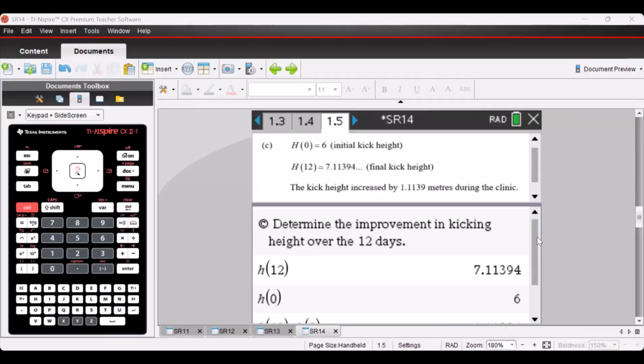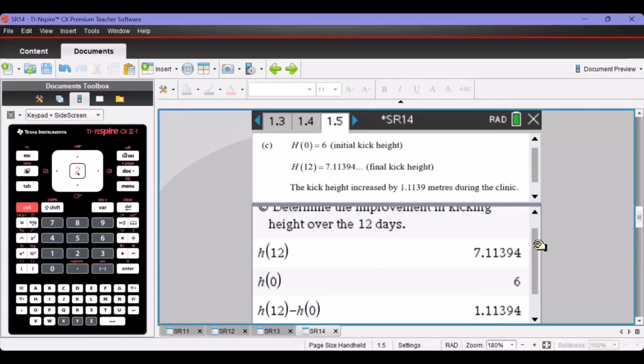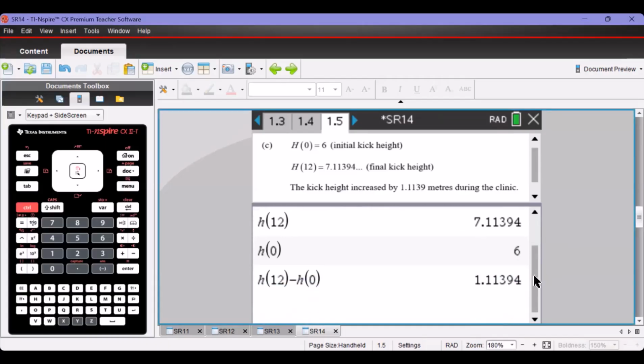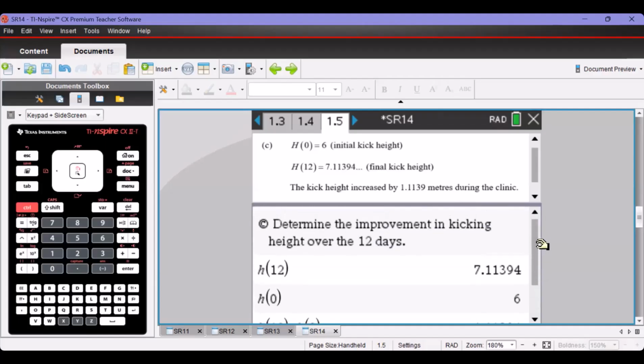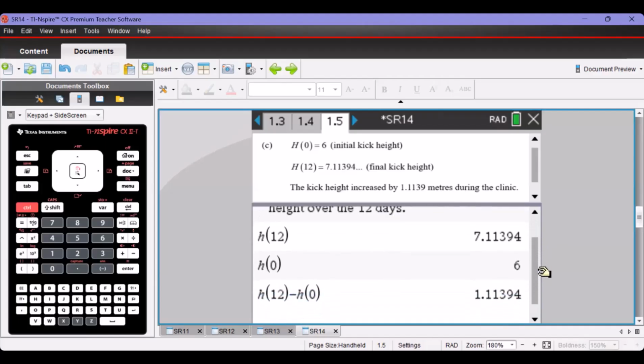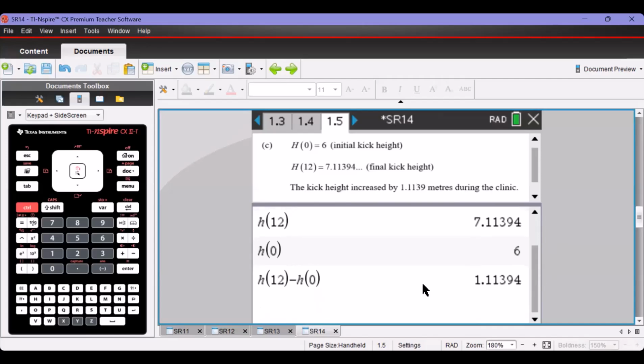So this is quite a straightforward calculation with h of t already assigned. This question's worth 2 marks, so I'd be careful, and I would write down the value of h of 12, and also the value of h of 0, and then write h of 12 minus h of 0, and then give the answer.